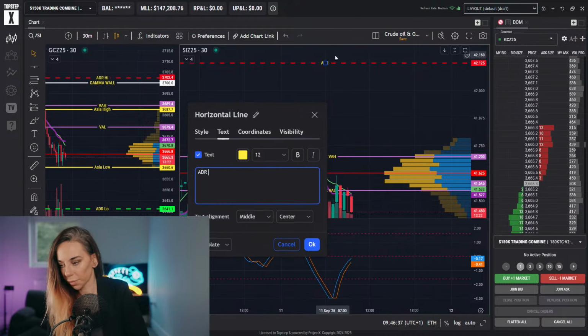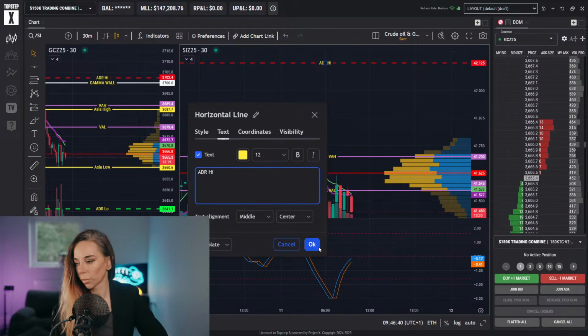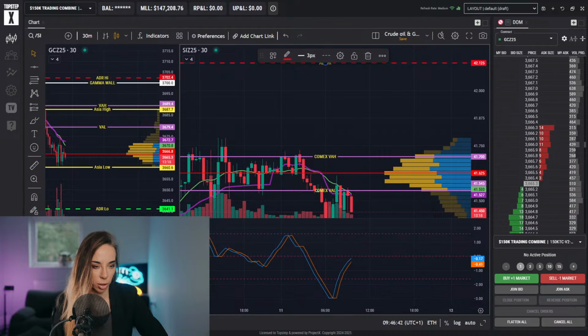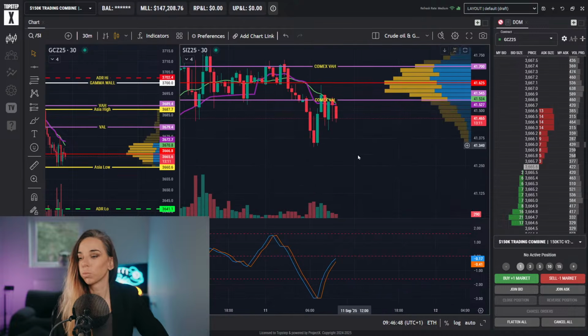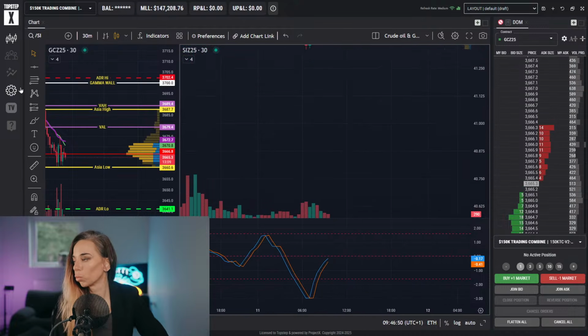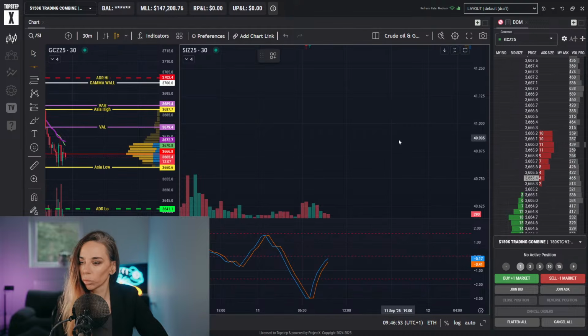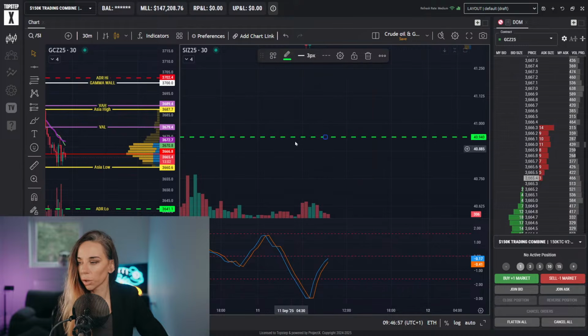There we go. Then we have 40.940. Change that to lime.